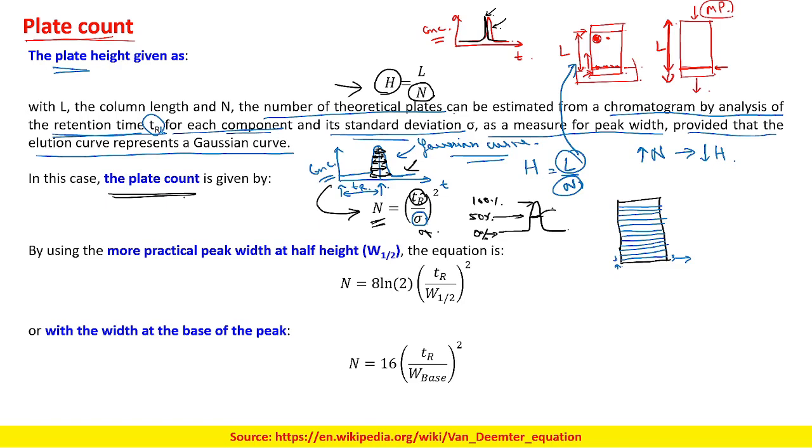The width at this 50% is calculated, and it is regarded as W half. Okay, so peak width at half height. Now when we do this, our equation becomes n equals 8 ln 2 multiplied by (Tr by W half) whole square. Okay.